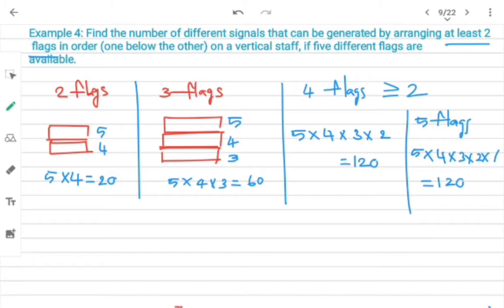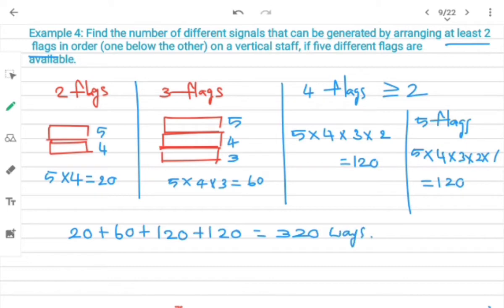Now they are asking for all the signals, all different signals. That means you have to add all these ways. One is 20 plus 60 plus 120 plus 120. So 120, 120 and 60 will become 300. Now 320 ways.